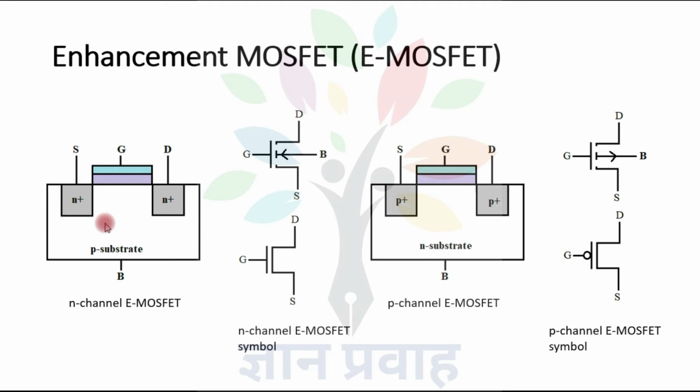Construction is same as we have discussed for DMOSFET, only difference in the channel region. In case of depletion MOSFET, channel region is implanted during the fabrication of the MOSFET. But in case of enhancement type MOSFET, there is no channel available initially.